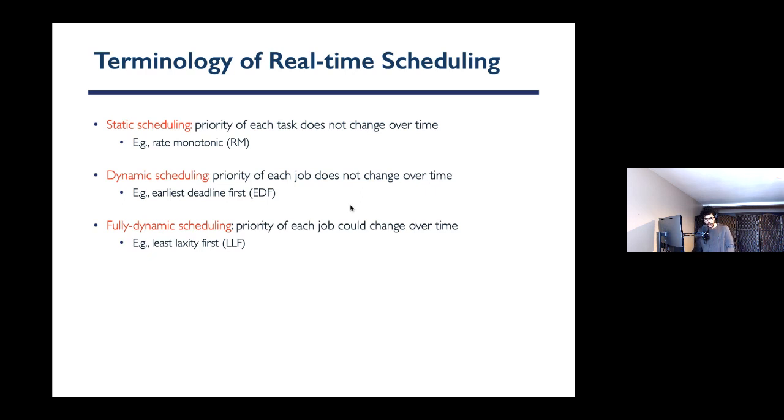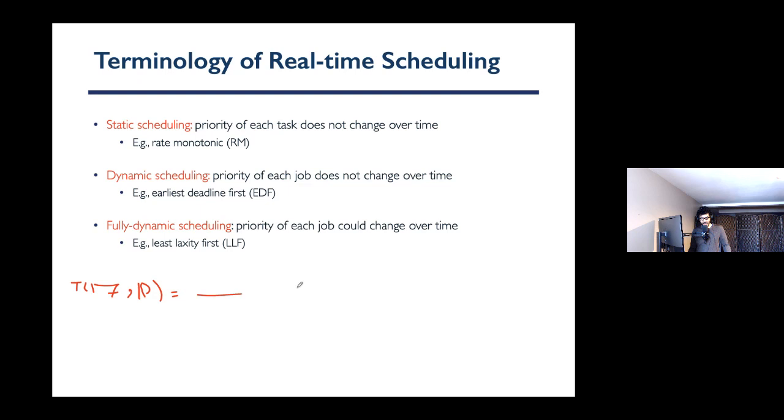So just to remind everybody about periodic tasks. Let's say you have a task that is periodic with a period of 17 and worst case execution time of 10. What does this mean?